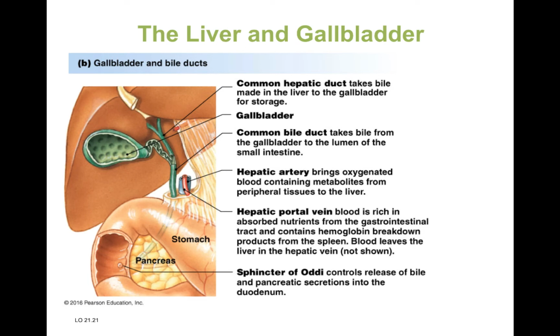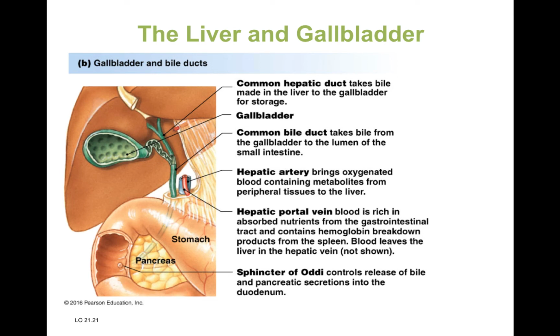The other thing is, let's talk a little more about the liver and the gallbladder especially. It's a funky looking photo over here. We've got the liver up here, and we've got your stomach here. Right here would be the pyloric sphincter, and right down here would be the beginning of your small intestine, the duodenum.